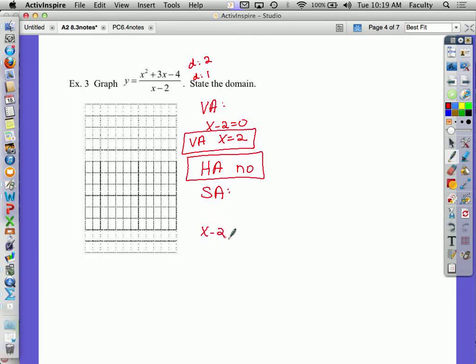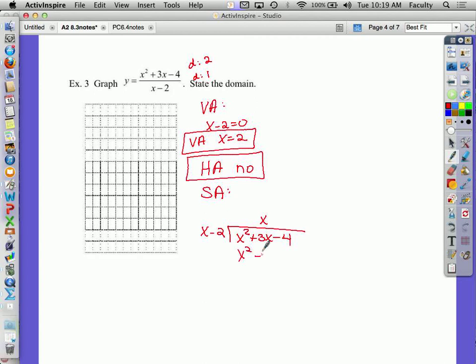So I'm going to take x minus 2 into x squared plus 3x minus 4. If you remember from our previous chapter on long division and synthetic division, if you divide by x minus a number, we could do synthetic, but because some of these are going to get complicated, I want to practice long division. So this will be times x.